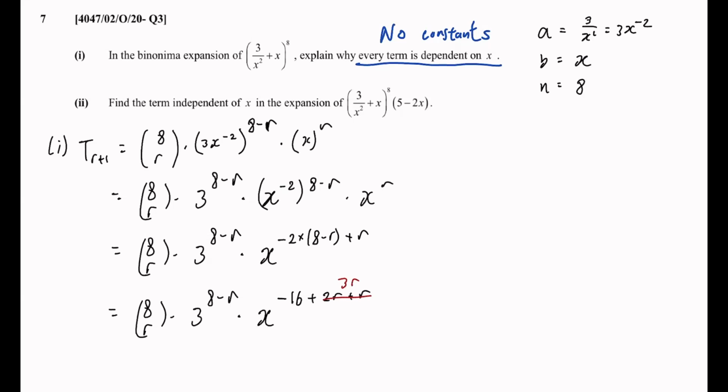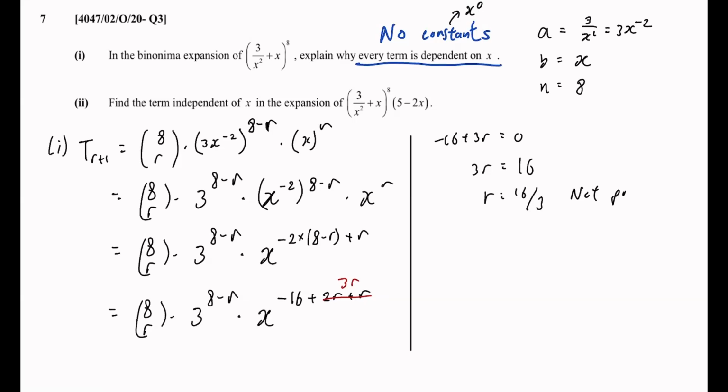Then we can start to answer the question. So how do you show that there is no constants? Constants means it's x power 0, so minus 16 plus 3r equals 0. Then because you do not get a positive integer for r, therefore it's a contradiction.